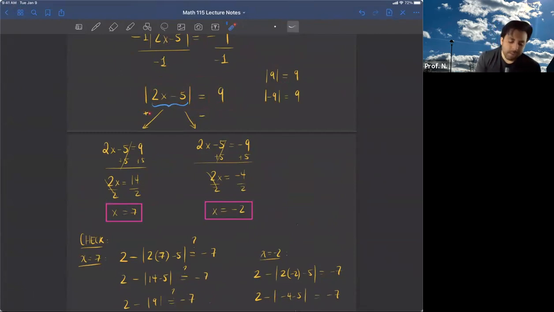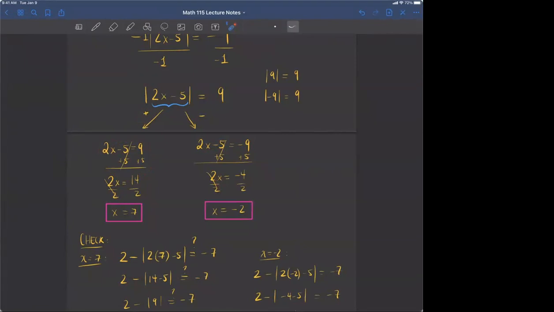So that's why I have this plus and minus idea here. I have two different possibilities. The possibility is that the 2x minus 5, the whole expression, is positive 9. Then I solve for x and I get 7. The other possibility is that 2x minus 5 is not positive 9, but negative 9. I still apply the same idea that I did here. I solve for x. But when I solve for x here, I get negative 2 instead.